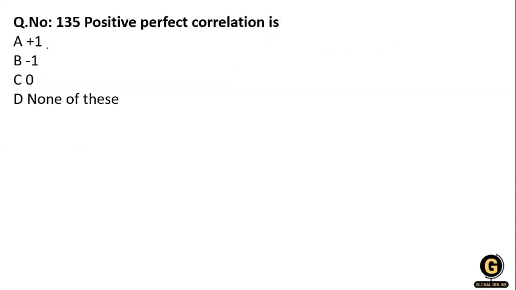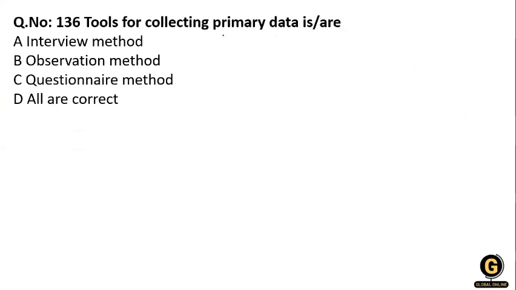Positive perfect correlation, you know that, is +1. Next question, the tools for collecting primary data: interview method, observation, questionnaire. Yes, these are all sources for collecting primary data.